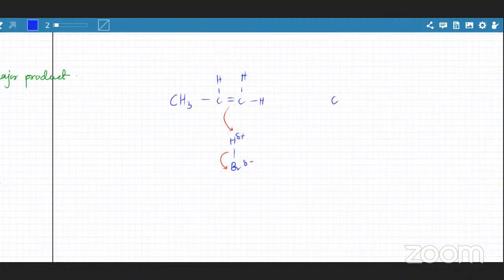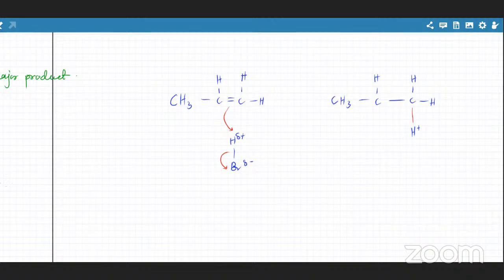One of them is going to look like this. Okay, I'm going to explain this in a bit more detail. So here's your H positive coming in, and here is the double bond over here. The H positive is going to attract the electrons. So it's going to pull the electrons towards itself. Let's rotate that, and the H is going to take away the electrons, and the H would eventually bond with it.